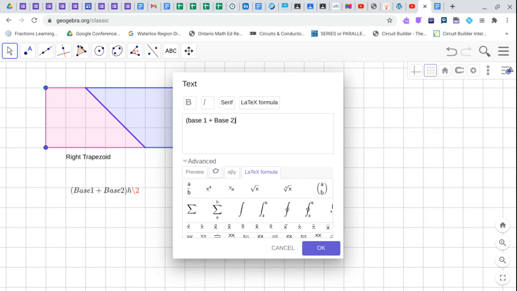Base 2, h divided by 2. Okay, so base 1, you can see right here is 1, 2, 3, 4, 5 units long. Okay, so that means I have 5 plus, there's base 2, and it's 2 units long.